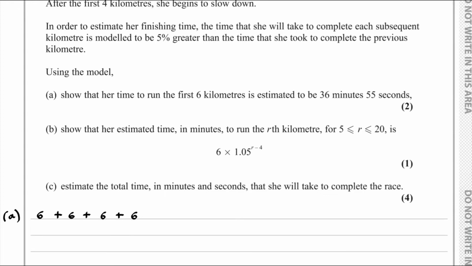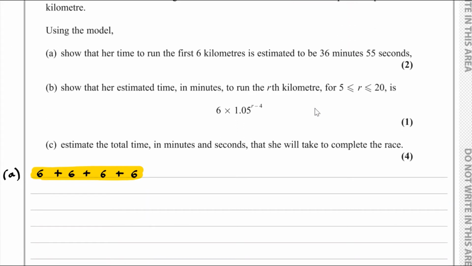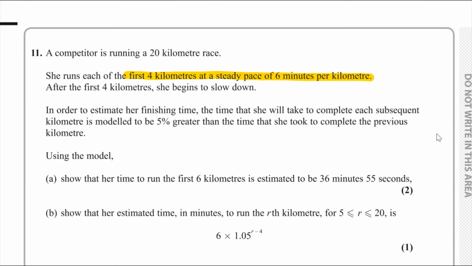So what this is over here is her running for the first 4 kilometers a steady pace of 6 minutes per kilometer. And then after that, she takes 5% longer than she took to complete the previous kilometer.